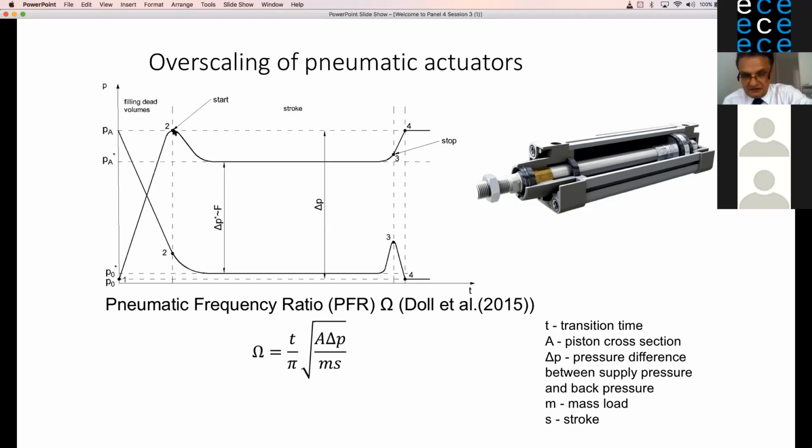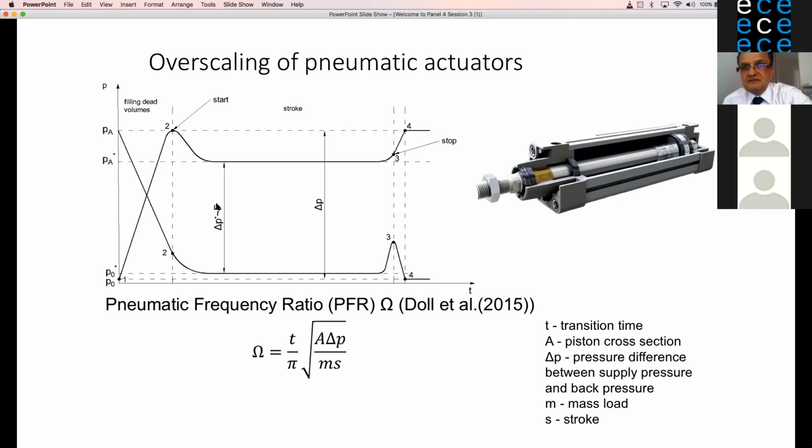The piston is slowly moving and the pressure inside this chamber decreases a little. So the working pressure here, when the piston moves to change position, is like this. The difference means that we have the driving force, which is able to change some places, to change some things.